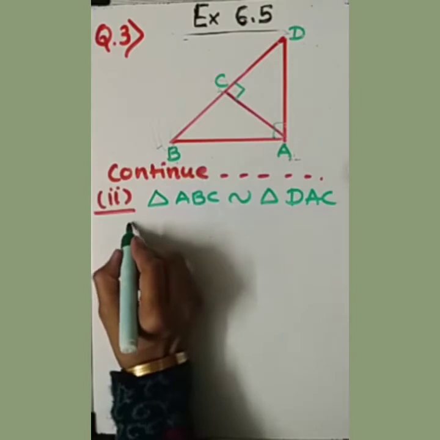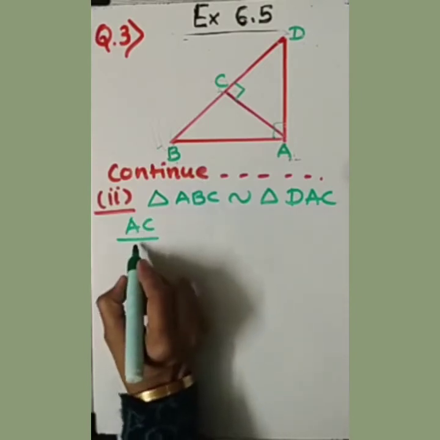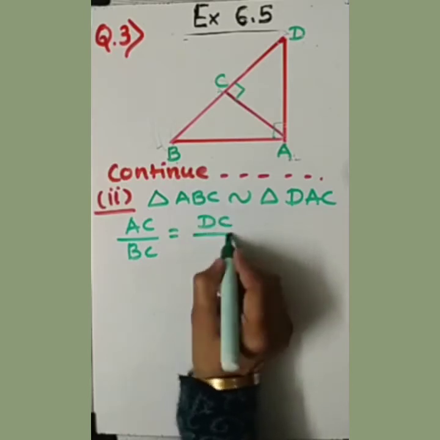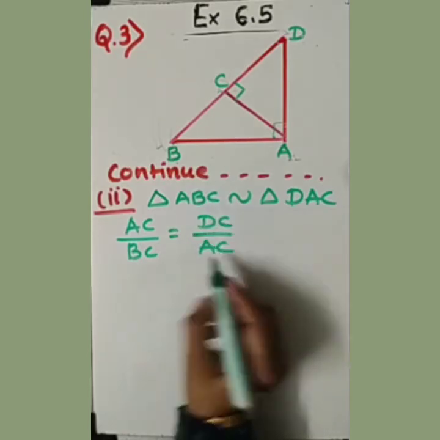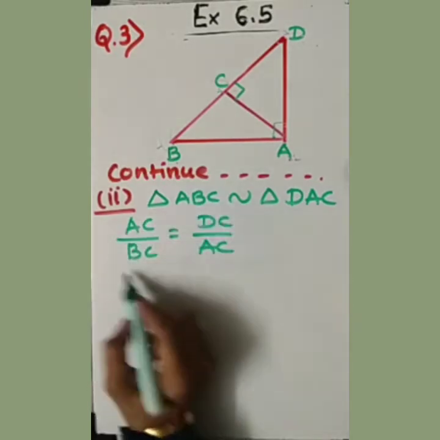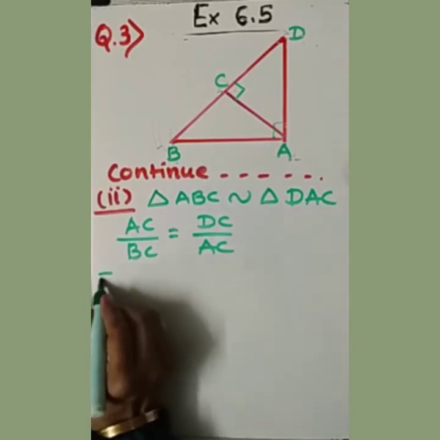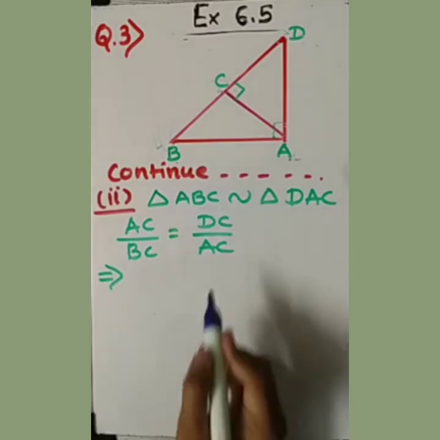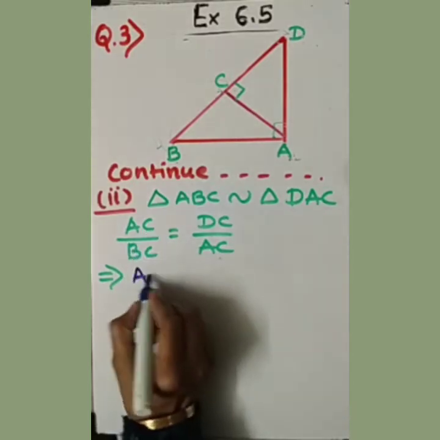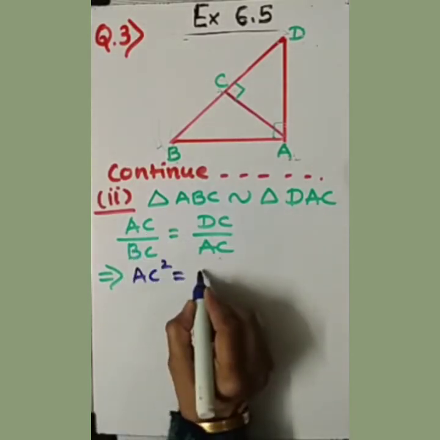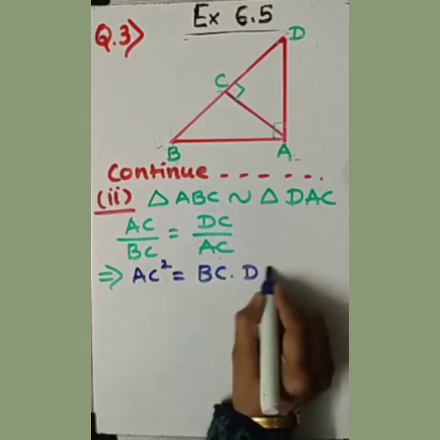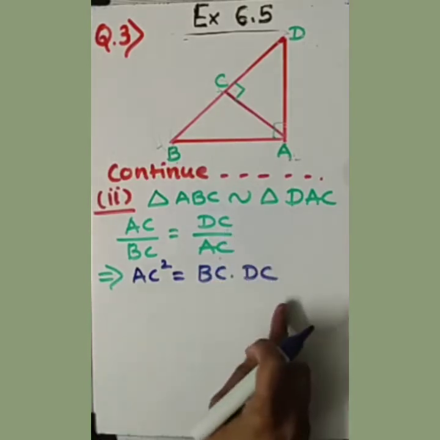So, can I say AC upon BC is equal to DC upon AC? The ratio of the sides must be in proportion. So, we do the cross multiplication: AC into AC, AC square equal to BC into DC. This is our required result number 2.